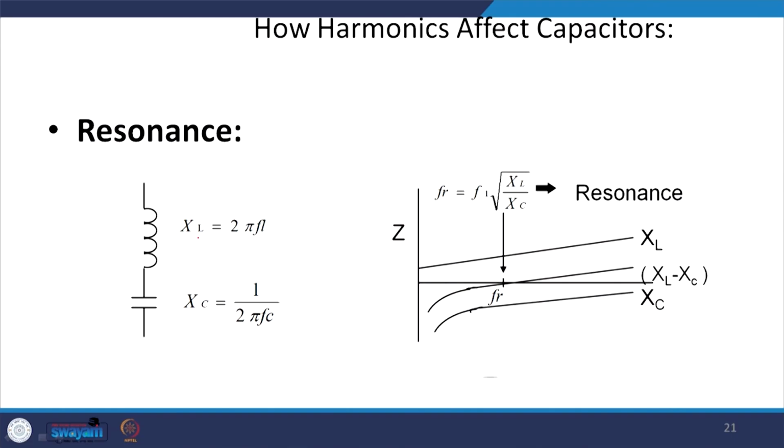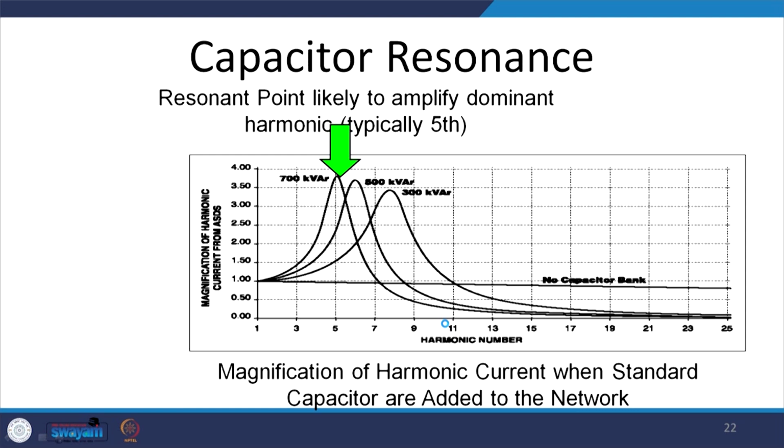So, for the series circuit it is XL and XC. This will be the natural frequency of oscillations when XL equals XC, and that particular frequency should not be very close to either the 5th or 7th harmonic. So, for this reason, capacitor resonance is a magnification of the harmonic current when a standard capacitor is added into the network.